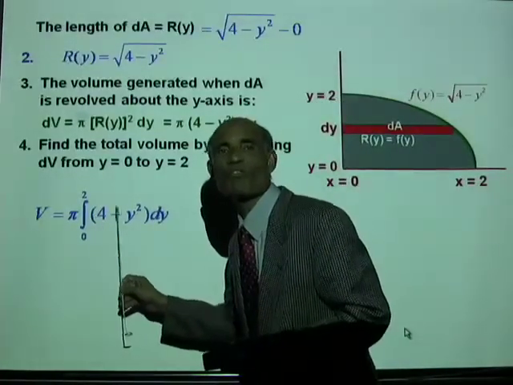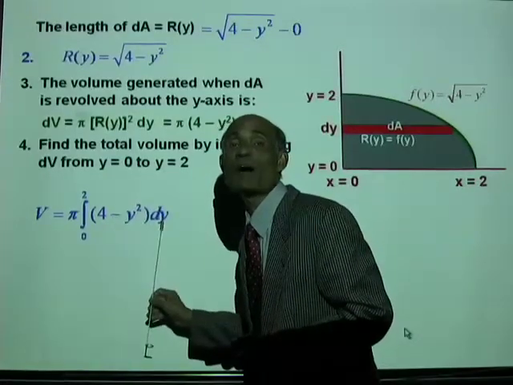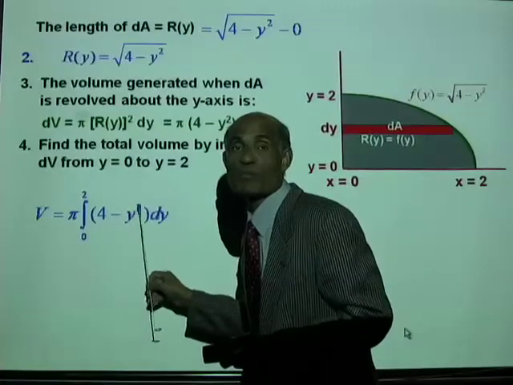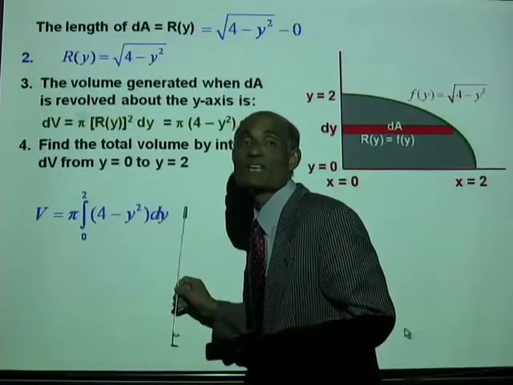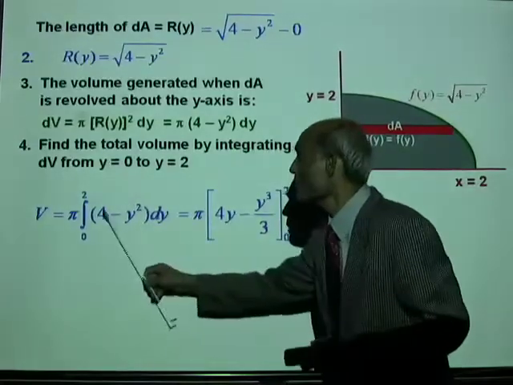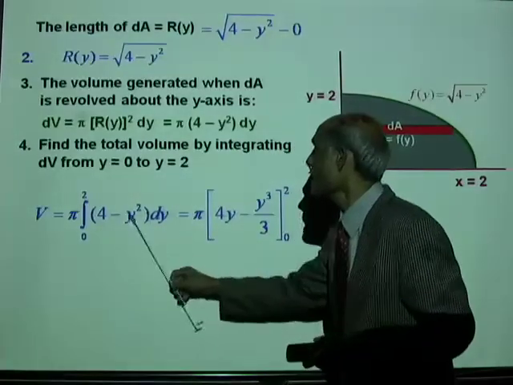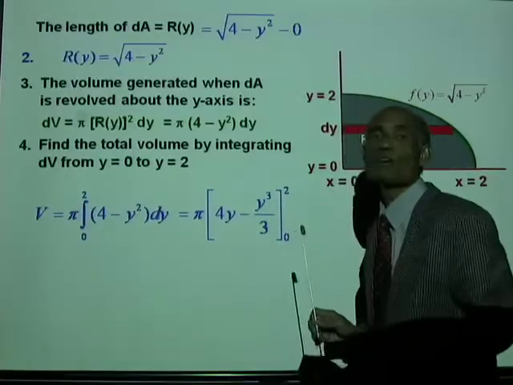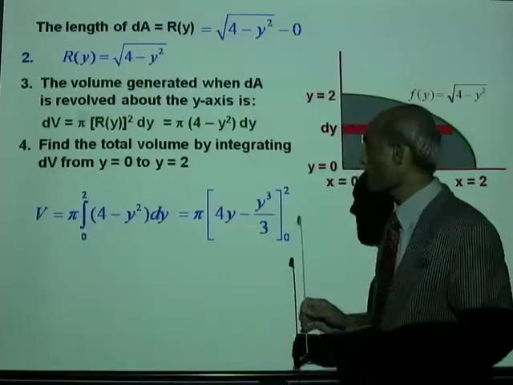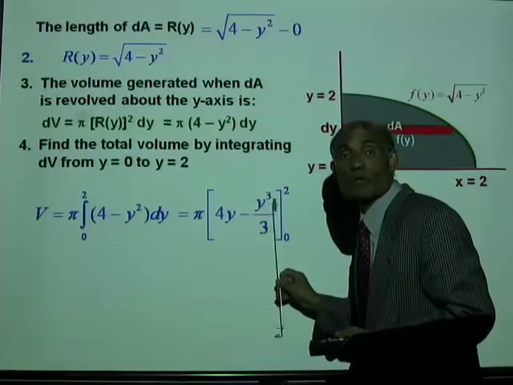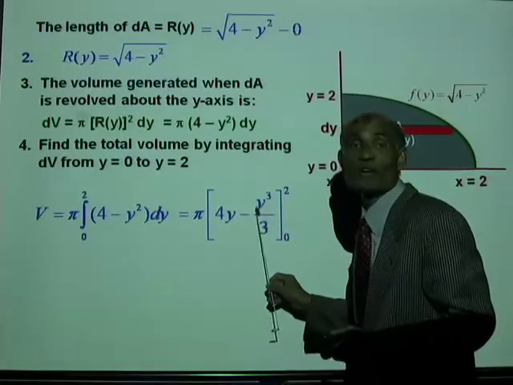What is the integral of 4 dy? Which is 4y minus integral y squared dy, which is y cubed over 3. So that will be pi times 4y minus y cubed over 3, where y goes from 0 to 2. Now let's evaluate this for the upper limit minus the lower limit.